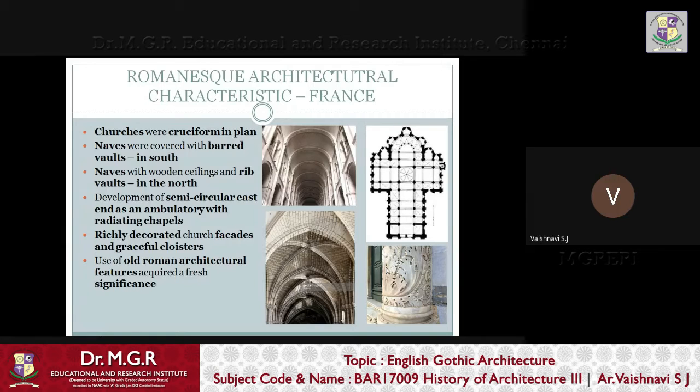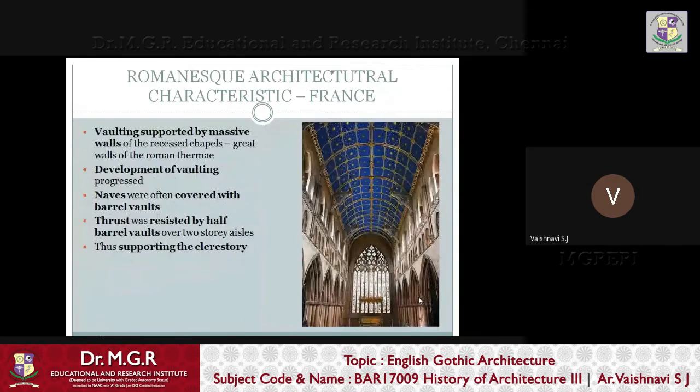So they have used the Roman architecture features in the French architecture, and here it is supported by massive walls and recessed chapels. I'm just showing you a typical cathedral in France. Then we'll show you the example of it. So these pictures are just for the explanation of what all is given here.